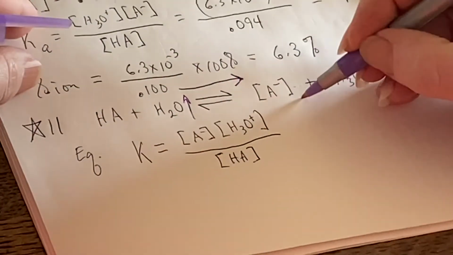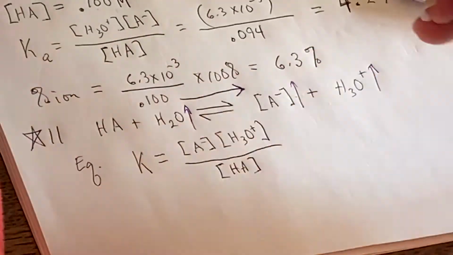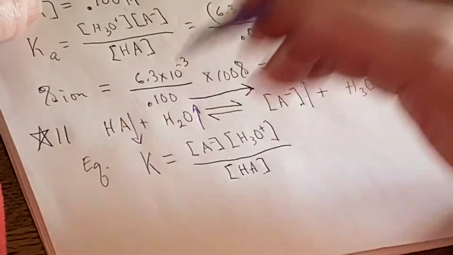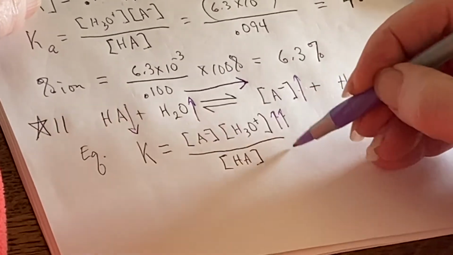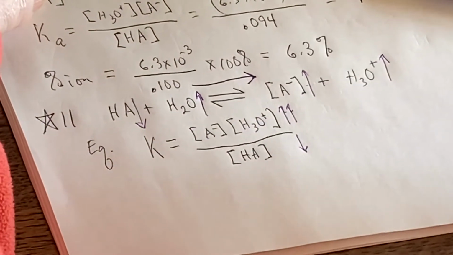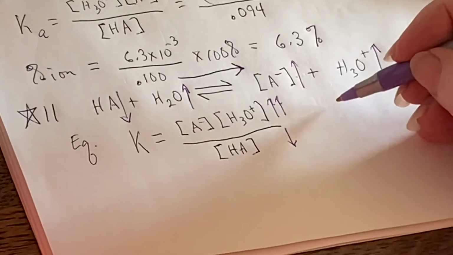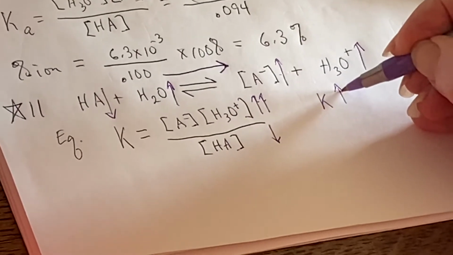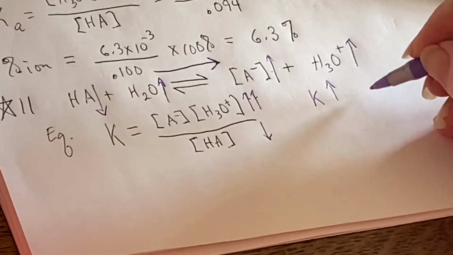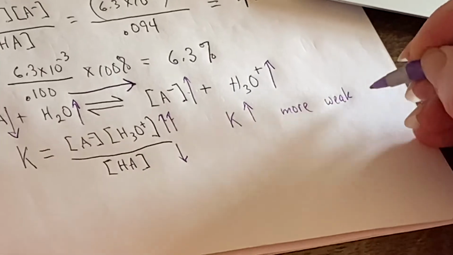That means that these are going to go up, and this is going to go down. So both of these are going to go up. This is going to go down. That means that K is going to go up. That means more of this weak acid is dissociated.